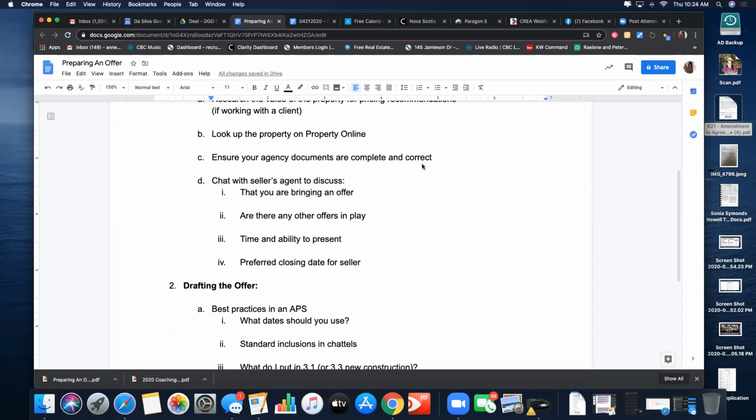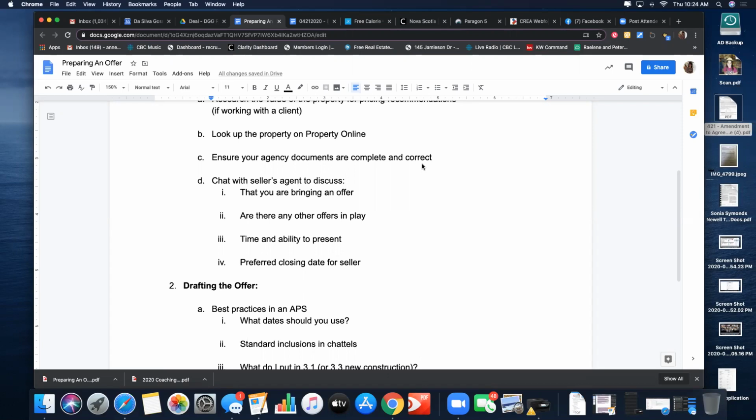And just as an aside with respect to negotiation, because it's not physically connected to preparing the offer, but it is relevant, it is very, very important that you remember that you are not against the seller's agent. You have a willing buyer and they have a willing seller, and it's your job to work together to find a resolution and a deal that will work. If the two of you don't work together, you're not going to have a deal.